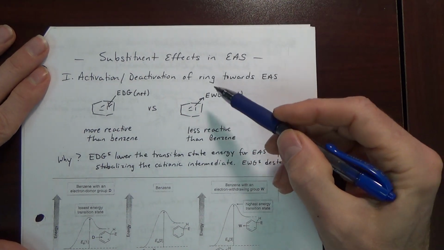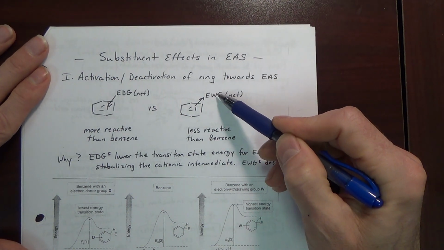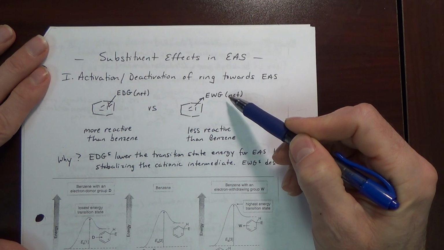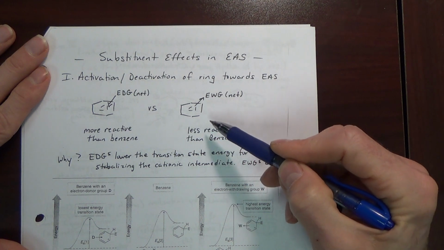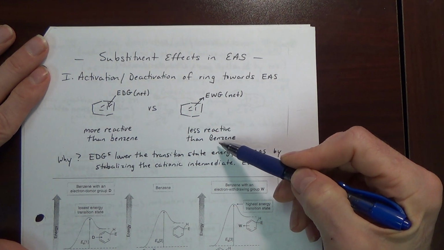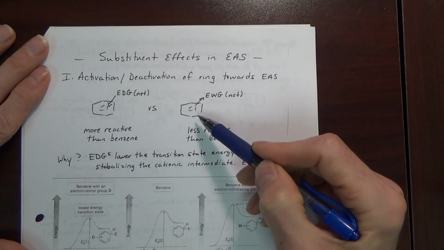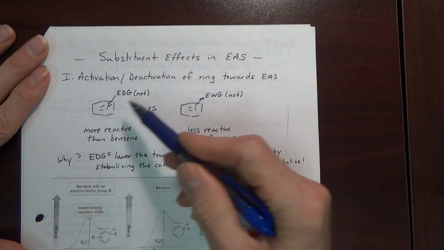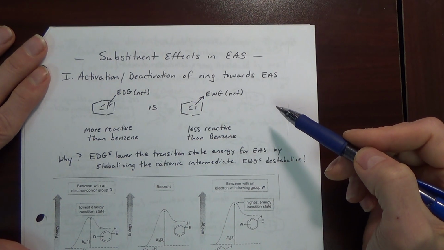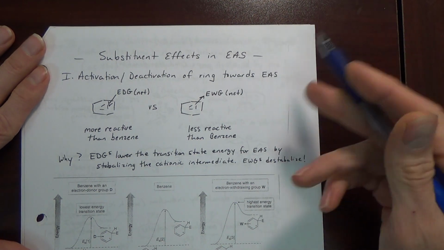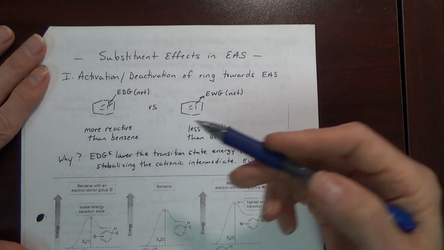Now if the group is a net electron withdrawing group, that's going to make that compound less reactive than benzene. Now you got to keep in mind that in an EAS mechanism, the benzene ring is acting as a nucleophile. How do you make nucleophiles more reactive? You increase their electron density.